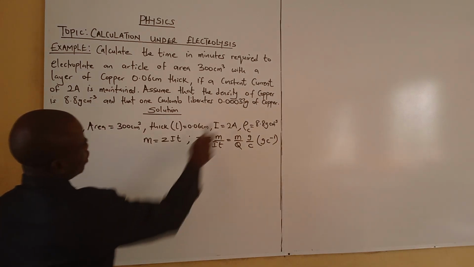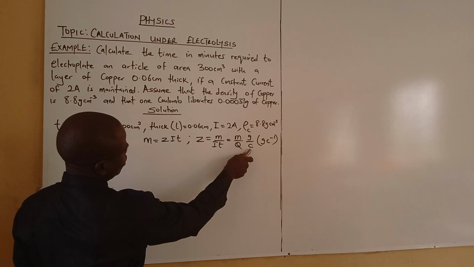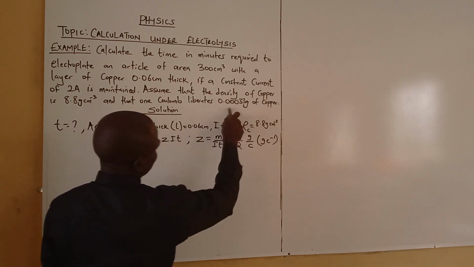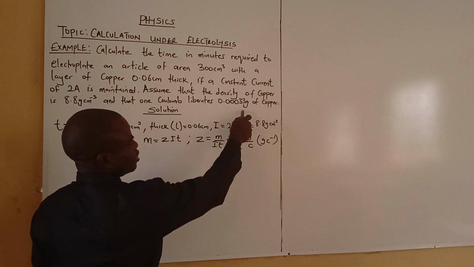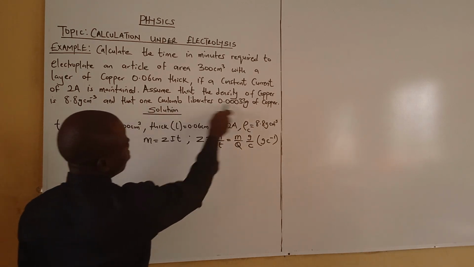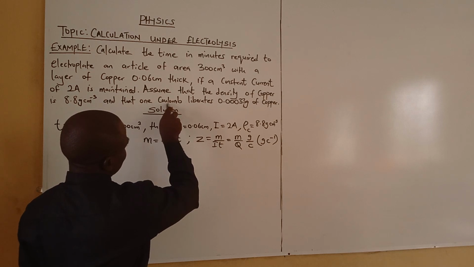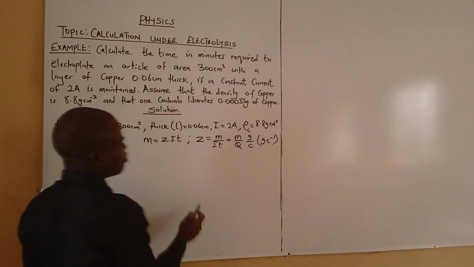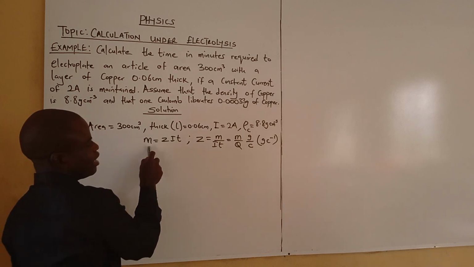Now if you look at this, they said 1 coulomb liberates this number of grams. That means that this one is standing as our electrochemical equivalent. Don't look at it as a mass, because of what they said, that 1 coulomb liberates this. Don't make the mistake of saying that because it is gram, it is now standing for mass.